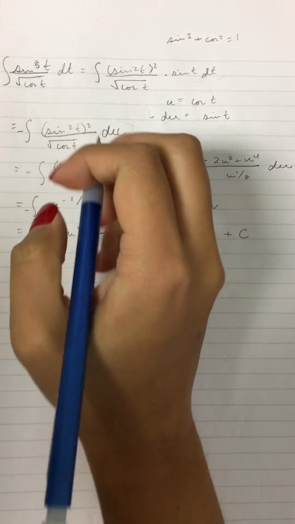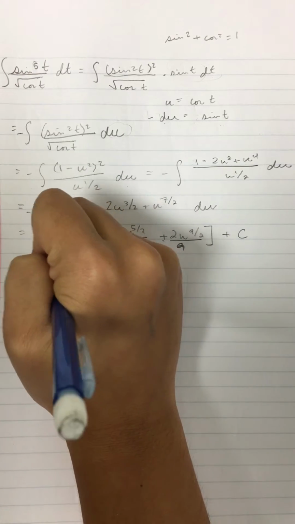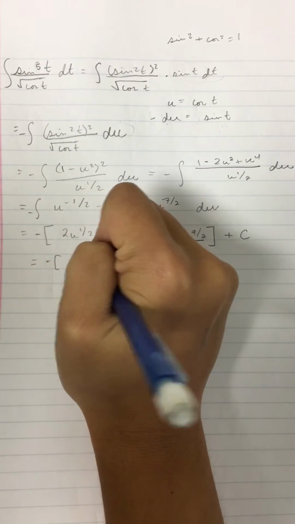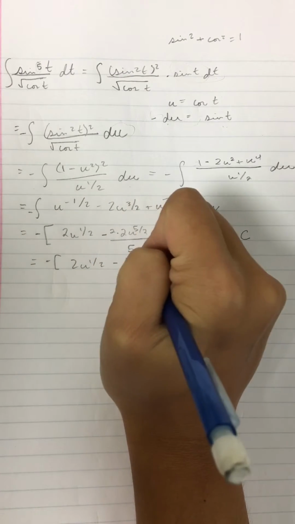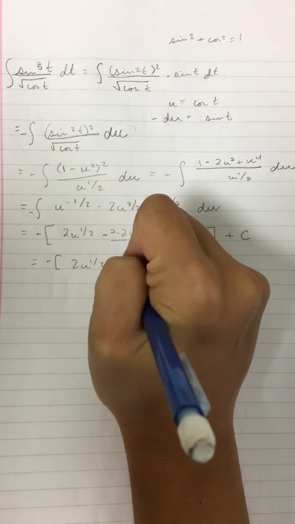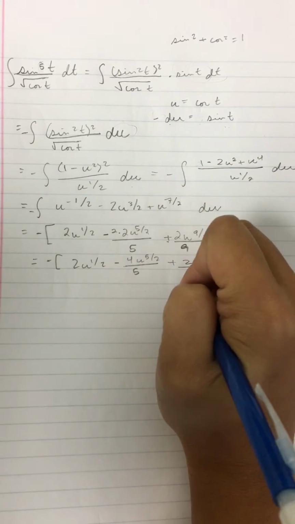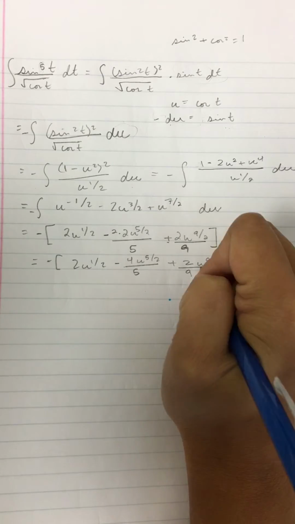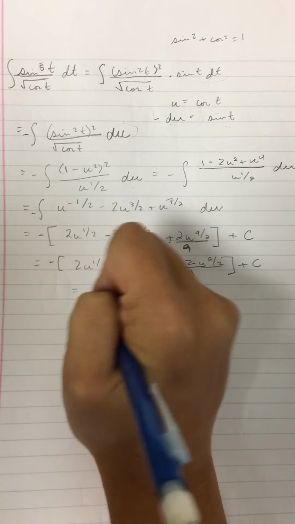Simplifying this would just be negative 2u to the 1/2 minus 4/5 times u to the 5/2 plus 2/9 u to the 9/2 plus c.